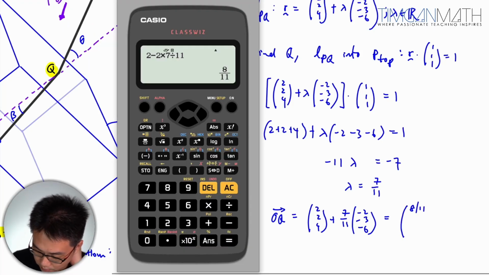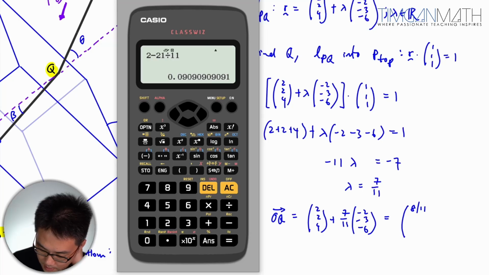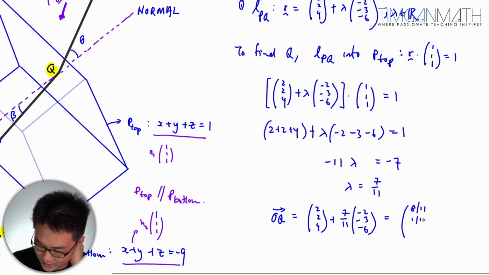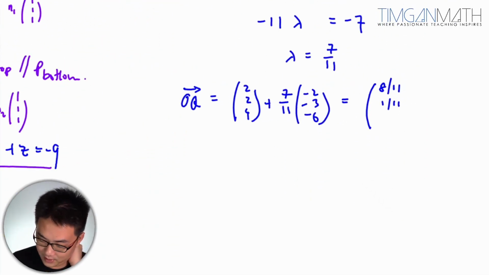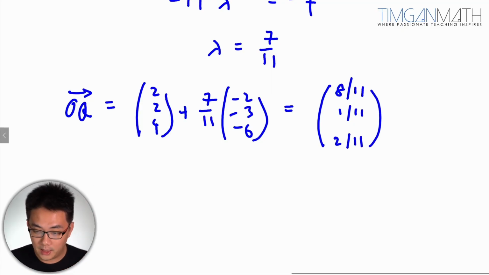Then 2 minus 21 over 11. They need the exact form, so I need to make sure of that. The last one will be 2 over 11. So the coordinates of Q, I will rewrite later.